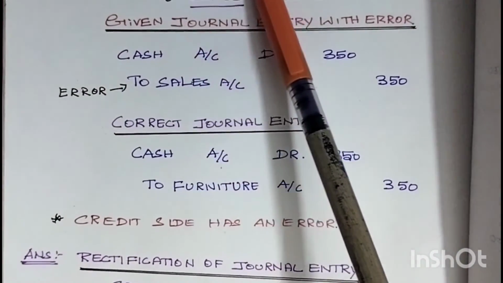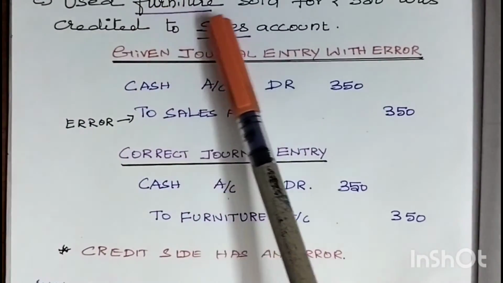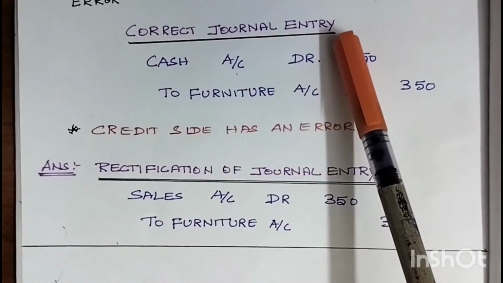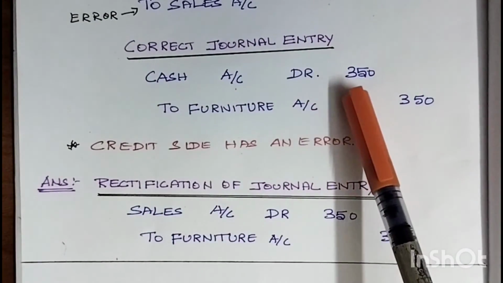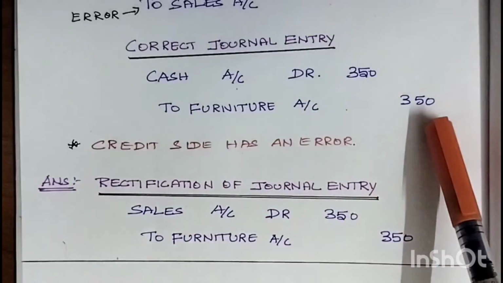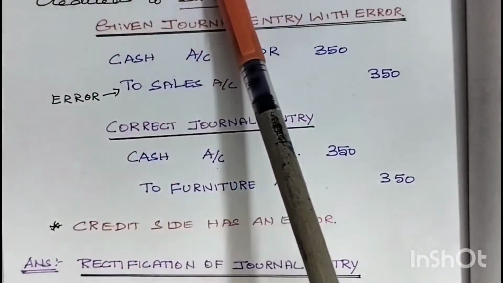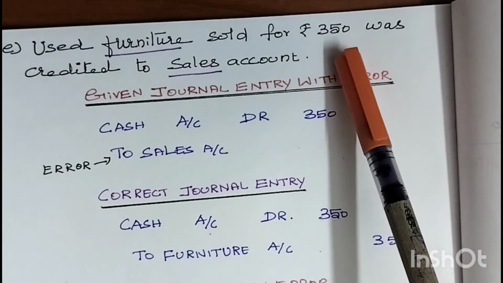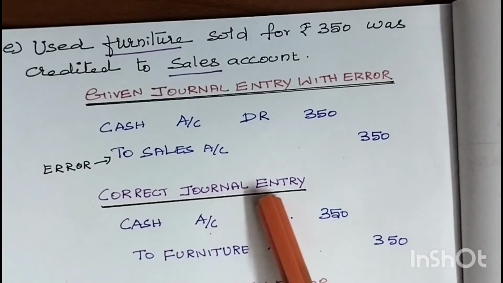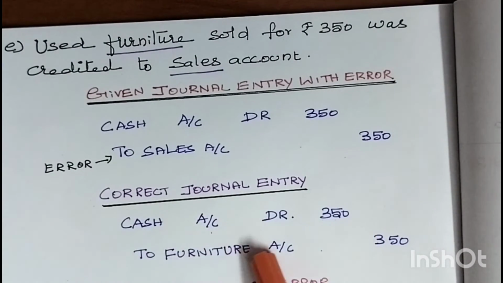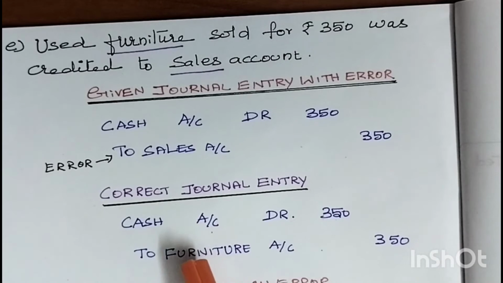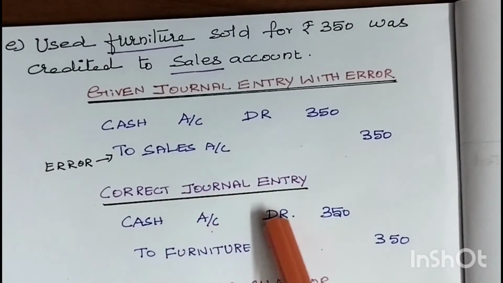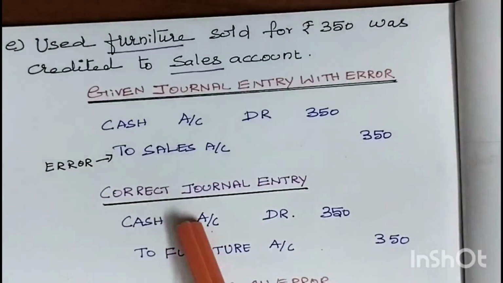Used furniture sold for rupees 350 means the correct journal entry is cash account debit 350 to furniture account 350, which means used furniture sold for cash 350. Whenever you sell furniture or goods, whatever it is, you receive income and your cash account increases.